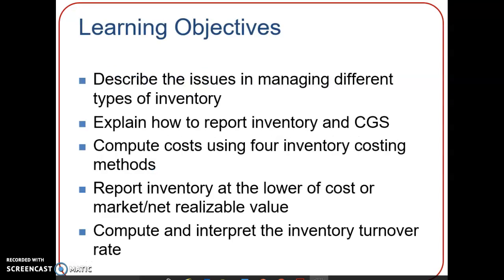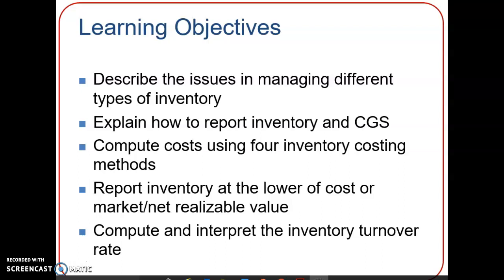Some of the key learning objectives for this chapter are: describe the issues in managing different types of inventory, explain how to report inventory and cost of goods sold, and frequently we refer to cost of goods sold as CGS.